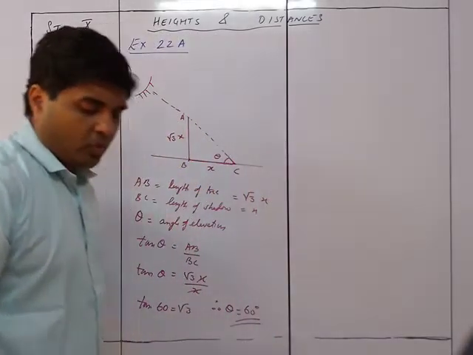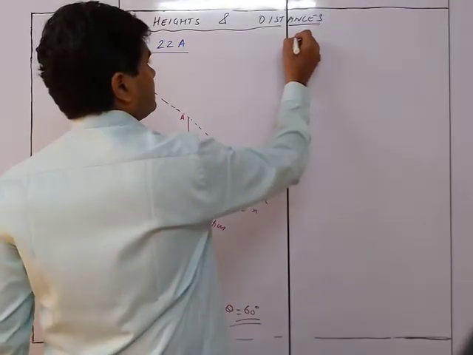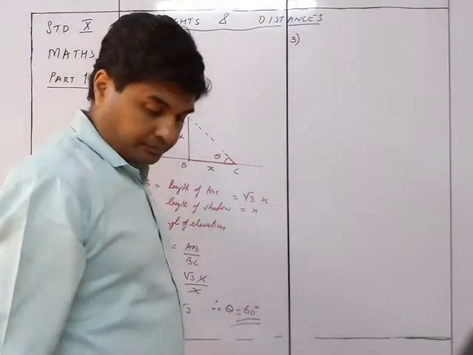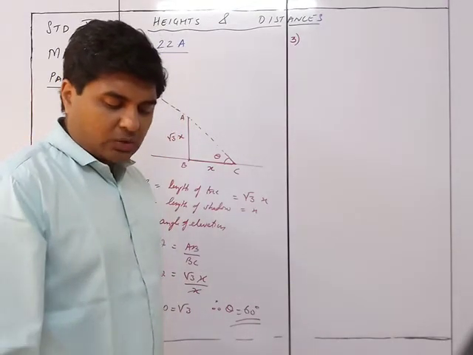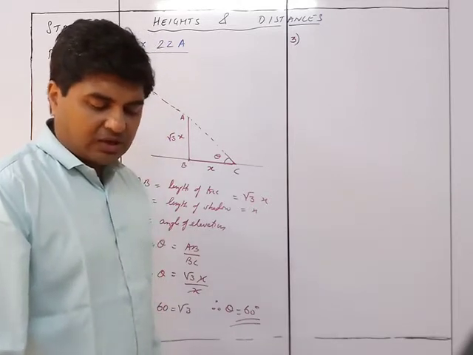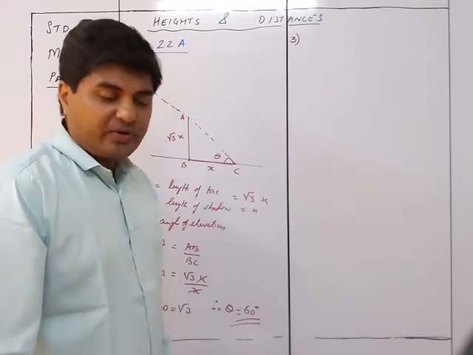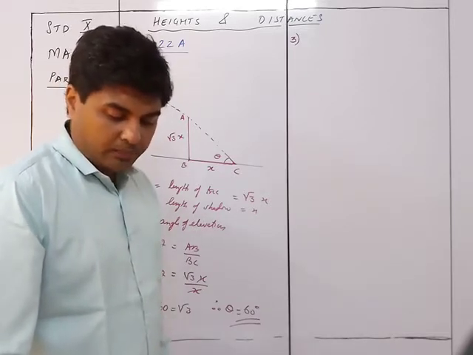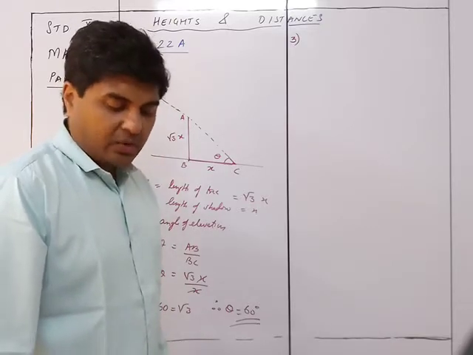Now we move on to question number 3. A ladder is placed along the wall such that its upper end is resting against a vertical wall. The foot of the ladder is 2.4 meters from the wall and the ladder is making an angle of 68 degrees with the ground.